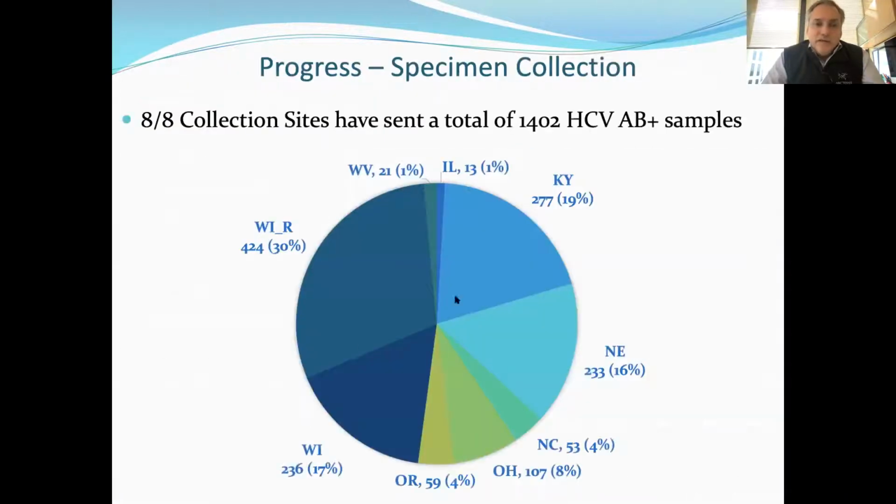So our progress to date, again, across these 8 different sites, they've been able to collect almost 1,400 HCV antibody positive samples. And this is really an enormous amount of work. Again, these are sites that are already undertaking their normal research projects. And then we're also collecting and processing on site, and in some cases in a very rural setting, samples in real time.